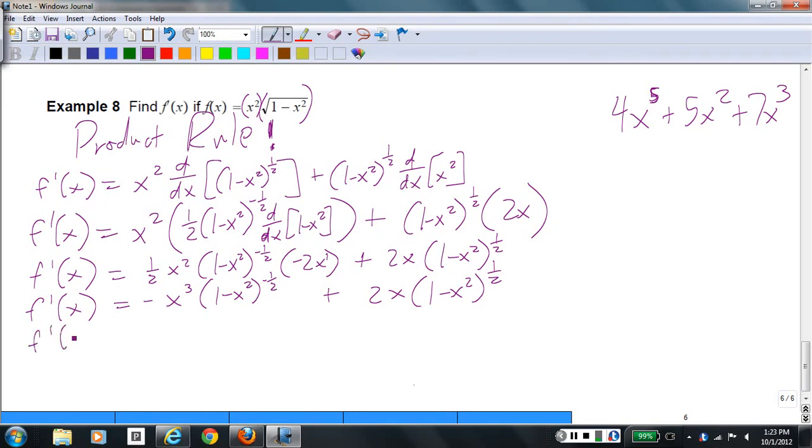F prime of x equals x times 1 minus x squared to the negative 1/2. We have a common factor of x, and they each have a factor of 1 minus x squared to some power, and the lesser of those two powers is negative 1/2.